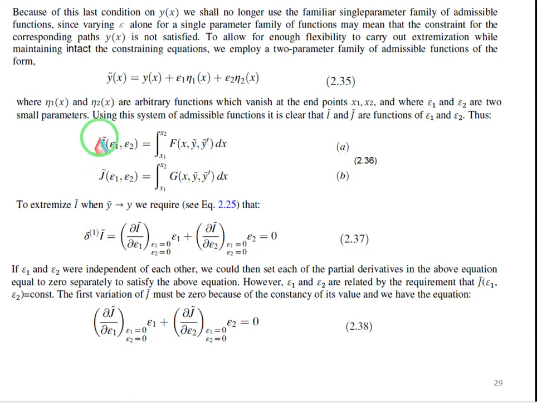I tilde has its extremum value, or in other words, we can say that the first variation of I tilde, which can be defined as follows: the partial derivative of I tilde with respect to epsilon 1 at epsilon 1 and epsilon 2 equal to 0, multiplied by epsilon 1, plus the partial derivative of I tilde with respect to epsilon 2 at epsilon 1 and epsilon 2 equal to 0, multiplied by epsilon 2, must be 0.